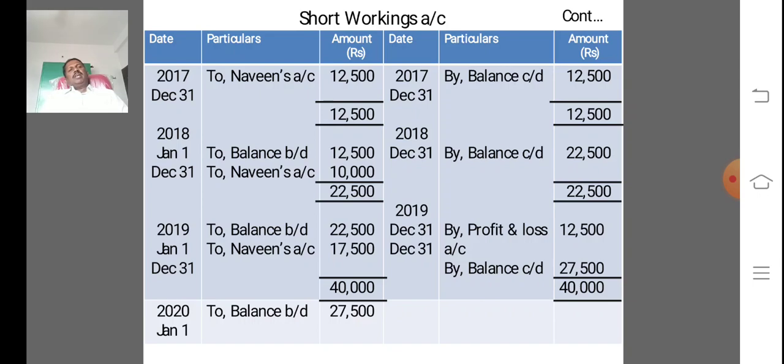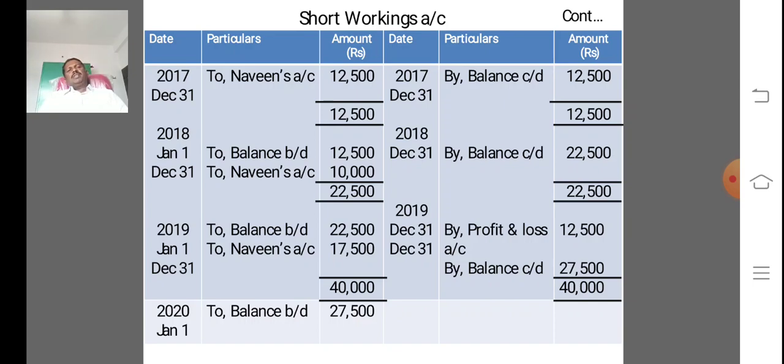And this balance is transferred to the next beginning, that is January 1, balance brought down 12,500. December 31st, to Naveen's account 10,000. So total debit side 22,500. And on the credit side the balancing figure 22,500 is treated as balance carry down.